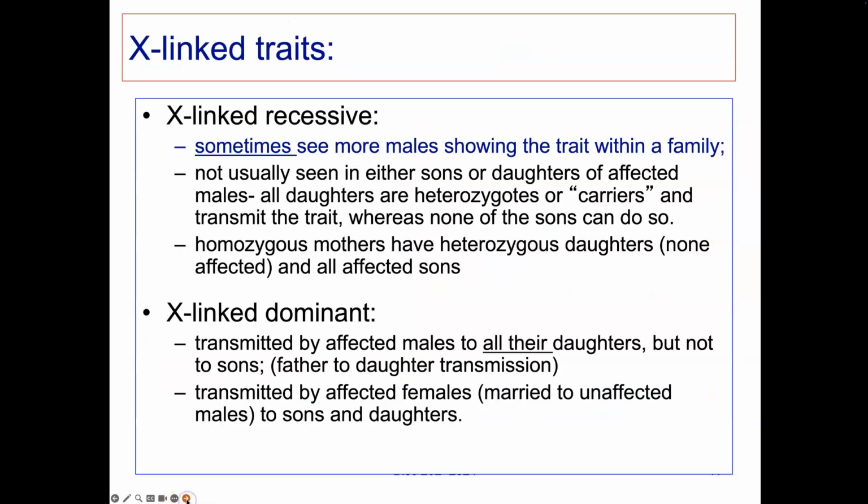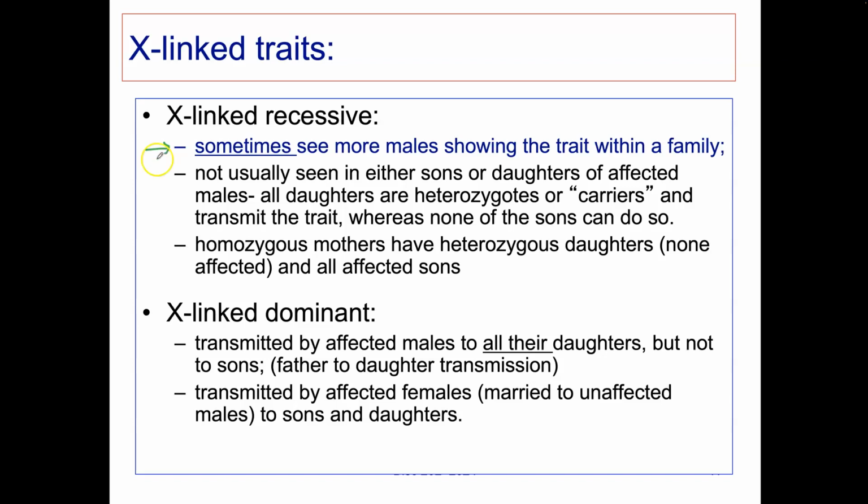Okay. So we'll look at X-linked traits. X-linked are almost easier in some ways because we see sex-specific patterns in the way the traits are passed. Now we sometimes do see more males showing the trait in the family than females.